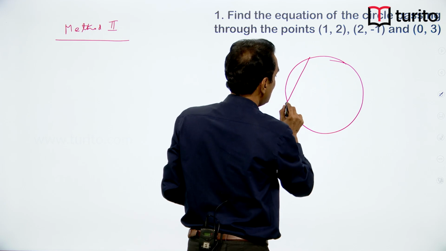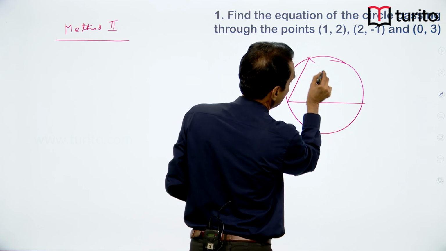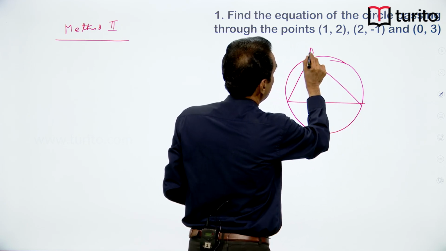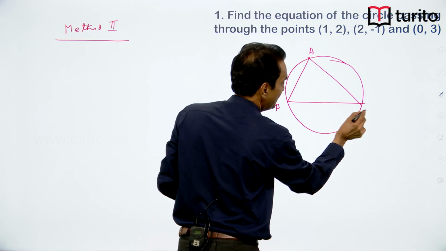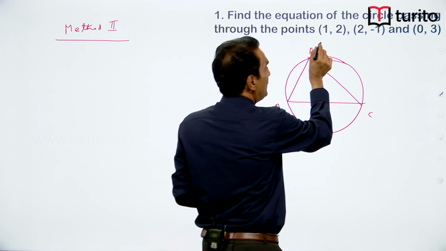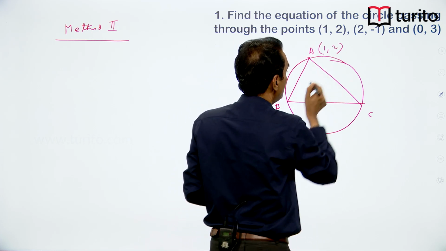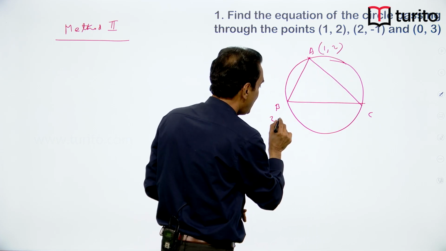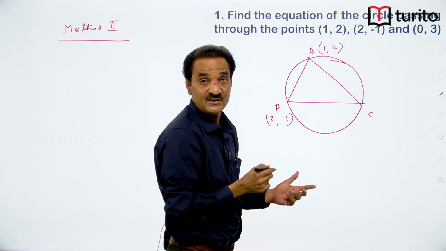Suppose the 3 points are like this: A, B, C. A is 1, 2, B is 2, -1 and C is 0, 3.